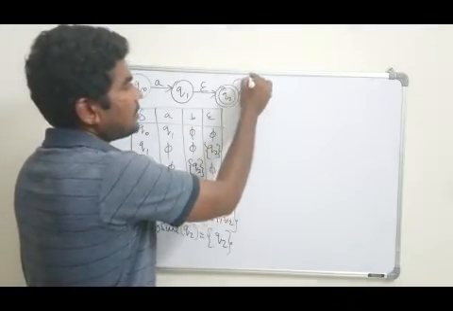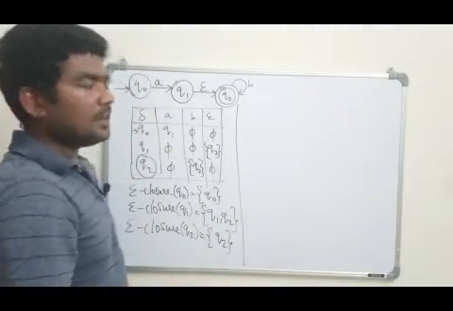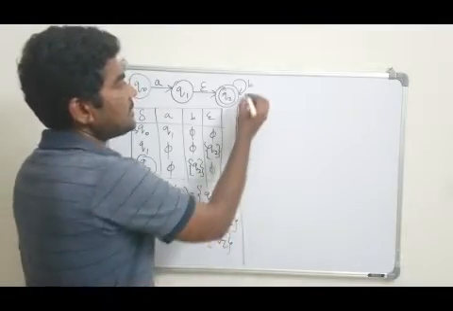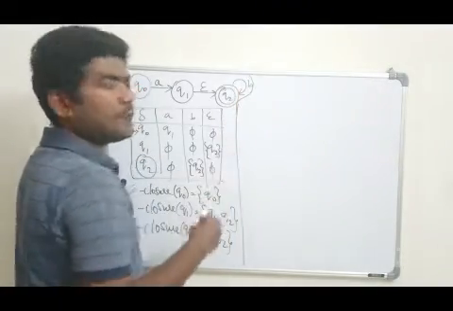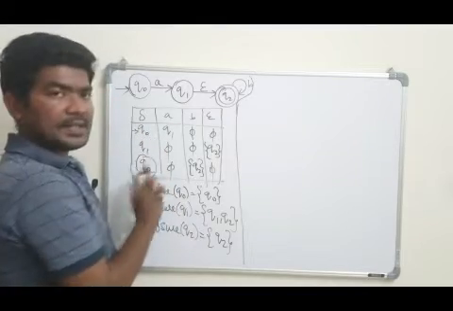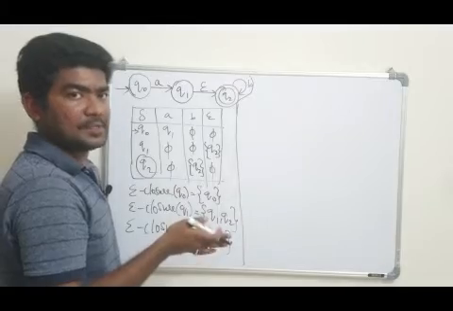After finding the epsilon closure, we are going to do the extended transition function. Already we know the formula, right? In that we are going to substitute each and every state with different input, only A and B, because we are going to eliminate the epsilon there.